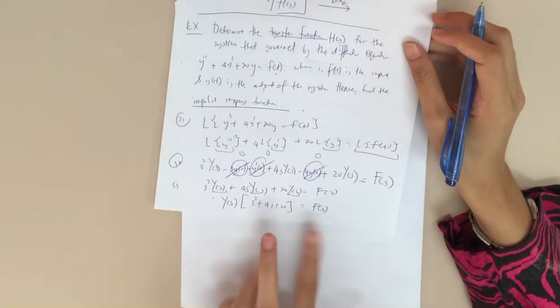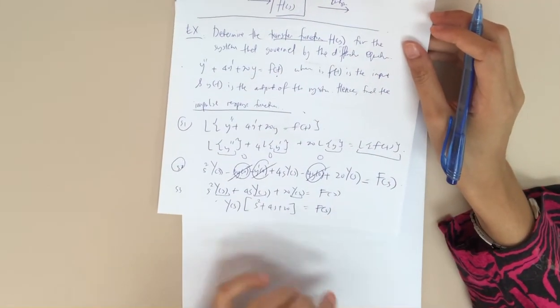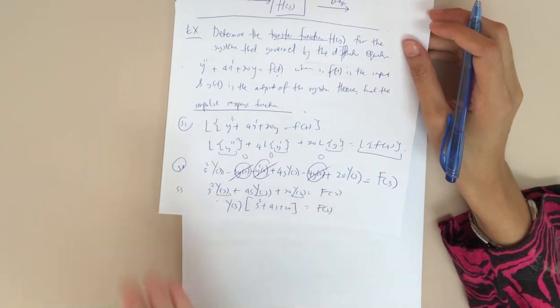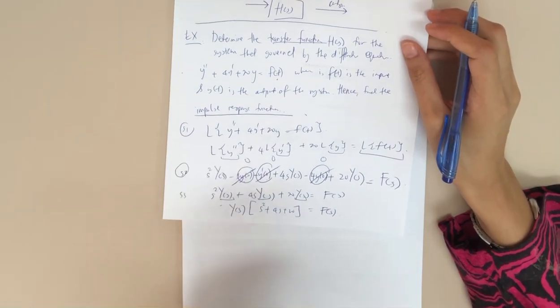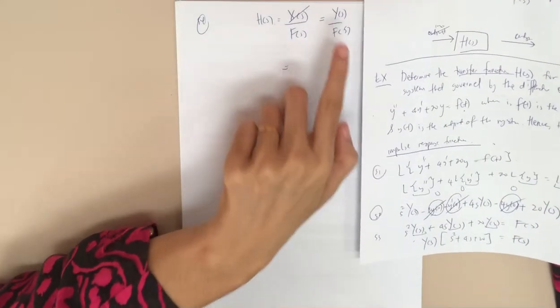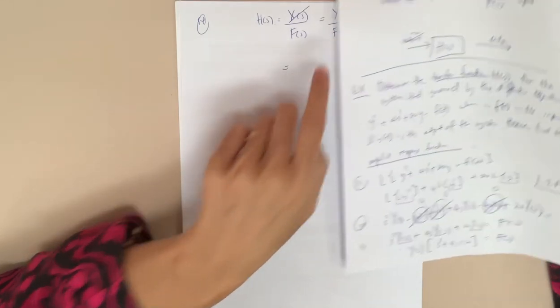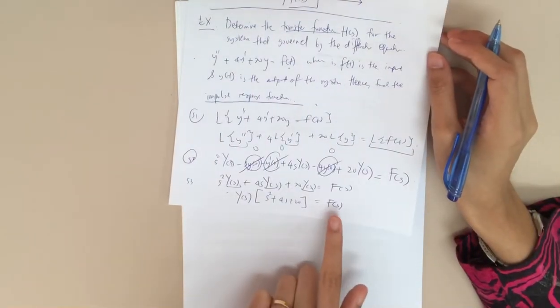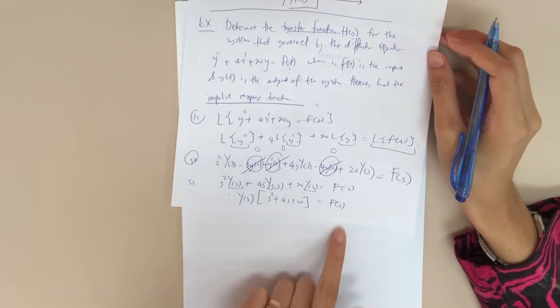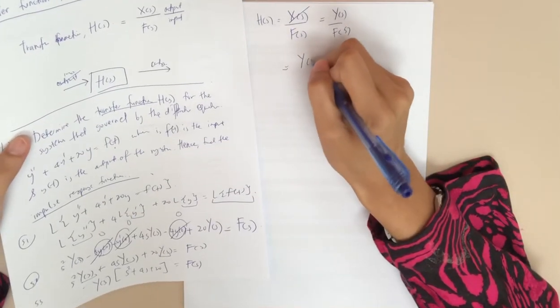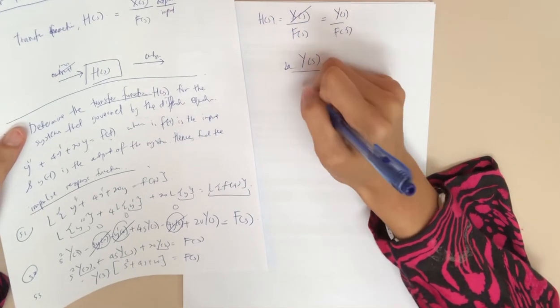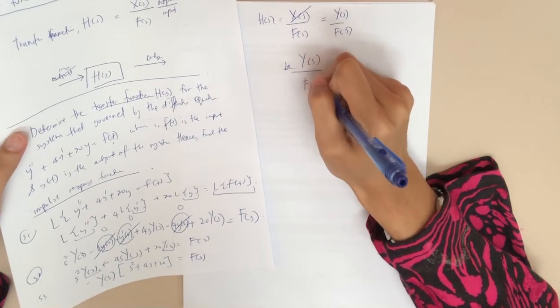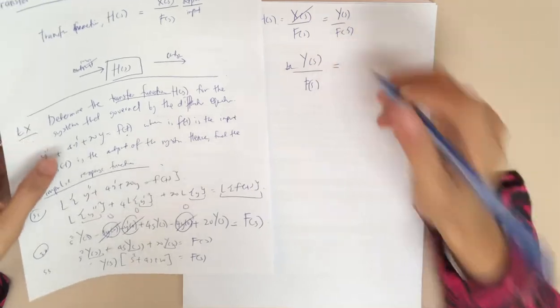We just rearrange your equation, left hand side and right hand side. We want to make it Y(s) over F(s). So what we do is bring this F(s) to the left hand side, so it will become Y(s) over F(s), and is equal.